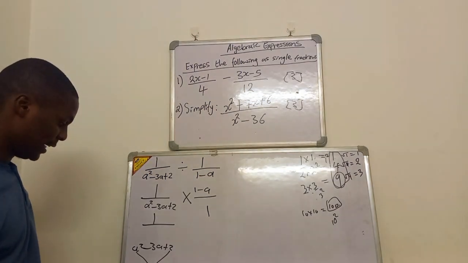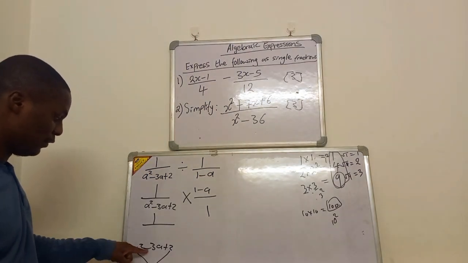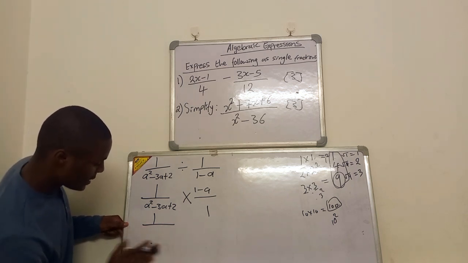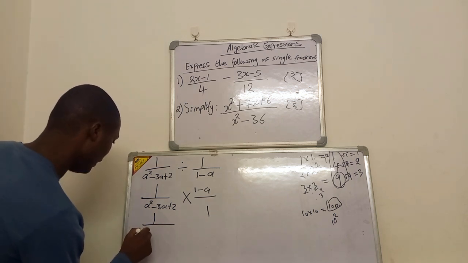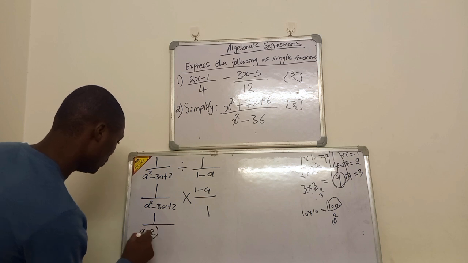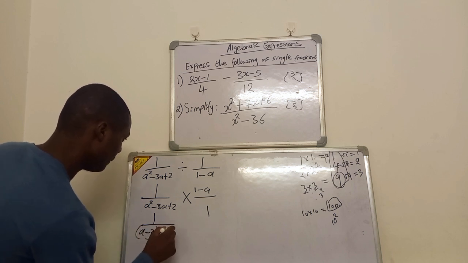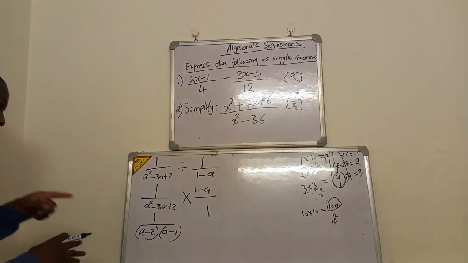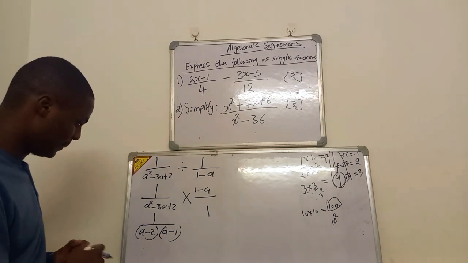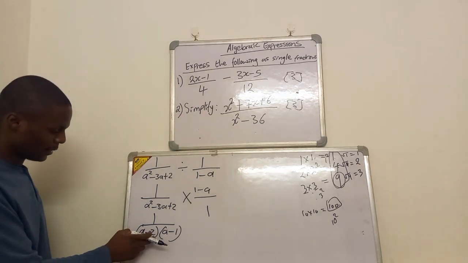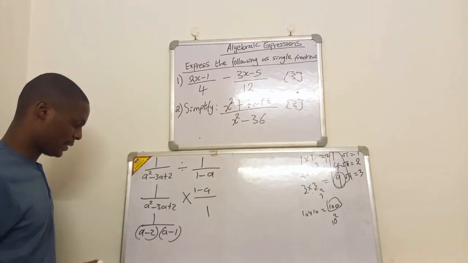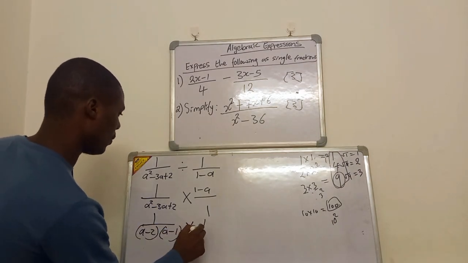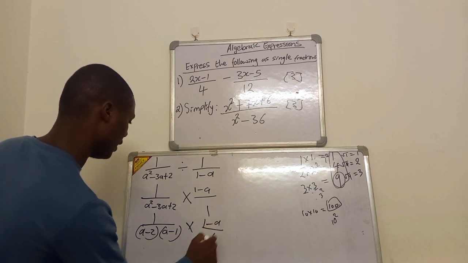If I add minus 2 and minus 1, it will give me minus 3. So my answer here will be a minus 2, a minus 1. If I multiply this, I'm getting this answer. Alright, so this is 1 over this, times 1 minus a over 1.